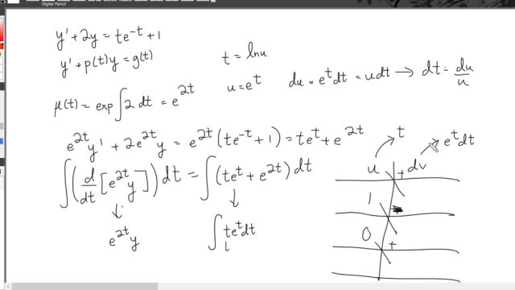Okay, so then the integral of this is just e to the power of t, and the integral of that's e to the power of t again. So we have t times e to the power of t minus e to the power of t.